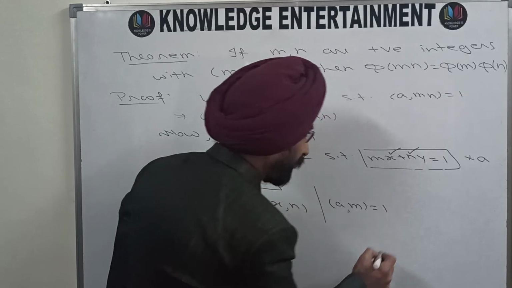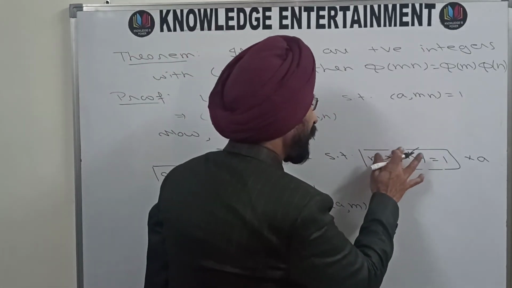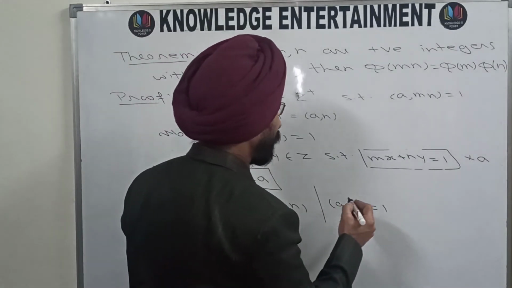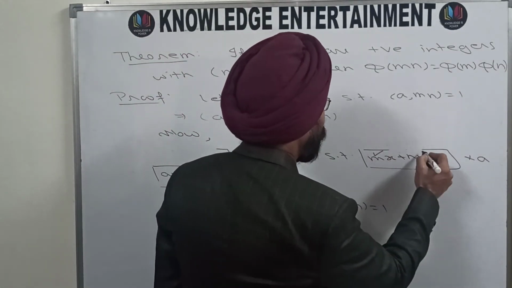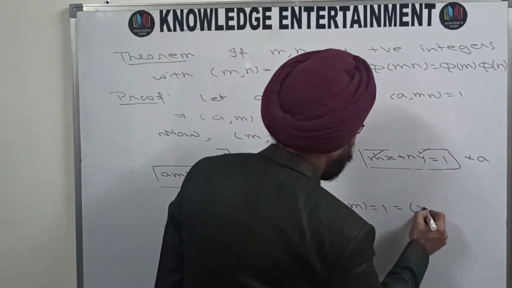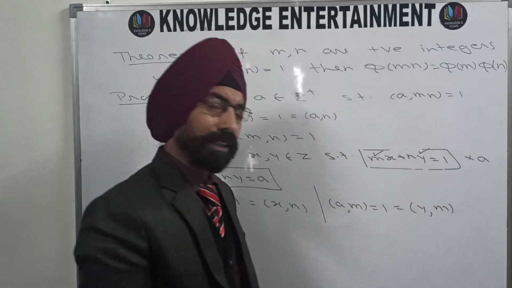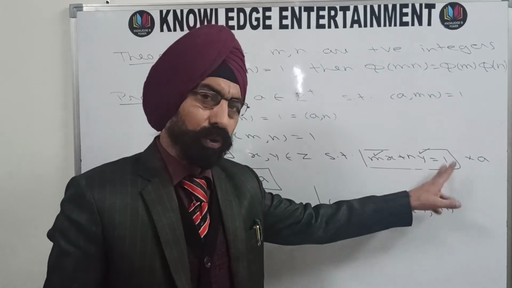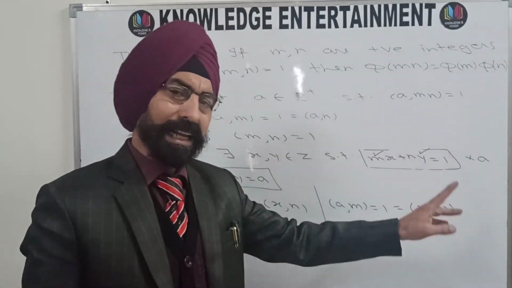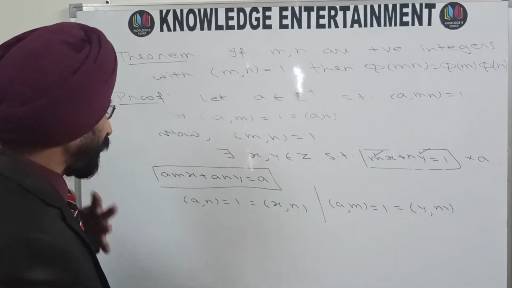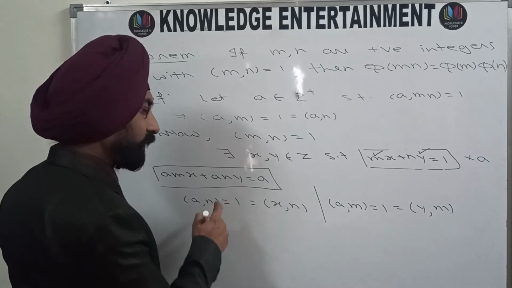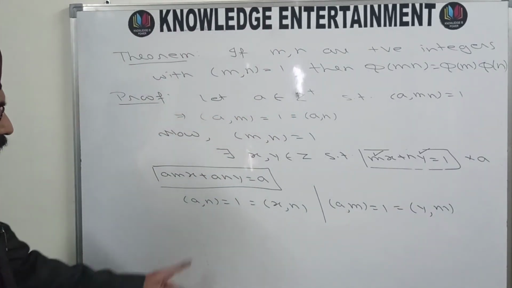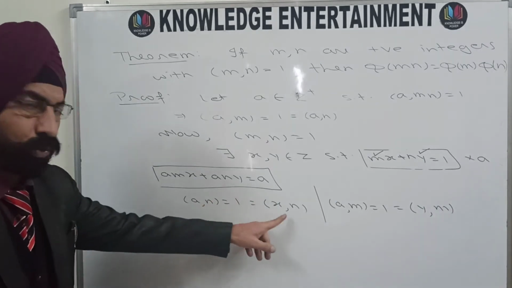And from the same equation, you can draw that GCD of m and y is also 1, because a linear combination of m and y is also equal to 1, because x and n are integers. So GCD of a and n is 1, GCD of x and n is 1, GCD of a and m is 1, GCD of y and m is 1. Now look at these two.